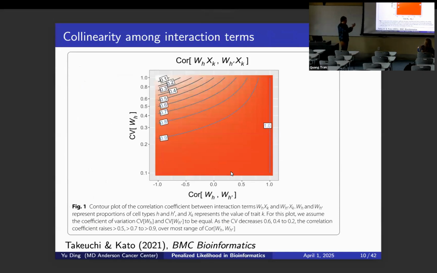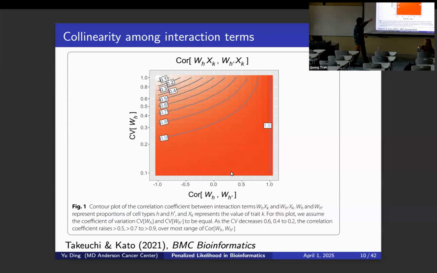Okay, so this plot basically shows us how difficult this problem is, right? There are many notations on this plot, but what we would like to show here is that there exists a strong collinearity among the interaction terms in this data.